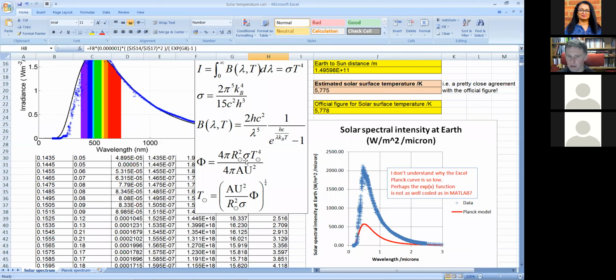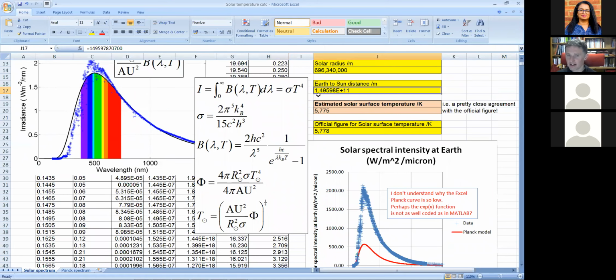So that's the power per unit area radiated by the sun. I've got to multiply that by the surface area of the sun. And so the thing on the top is the luminosity, the total power radiated by the sun. And so if I want to get the power per unit area received on the Earth, I've got to divide that by a sphere of radius 1 astronomical unit, which is the Earth to Sun distance.